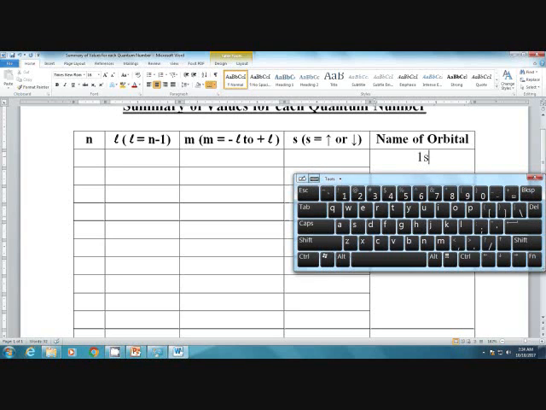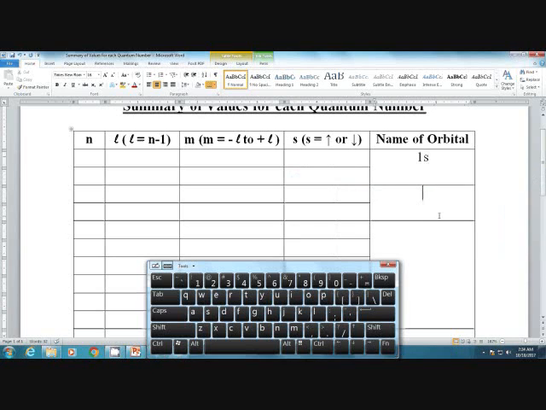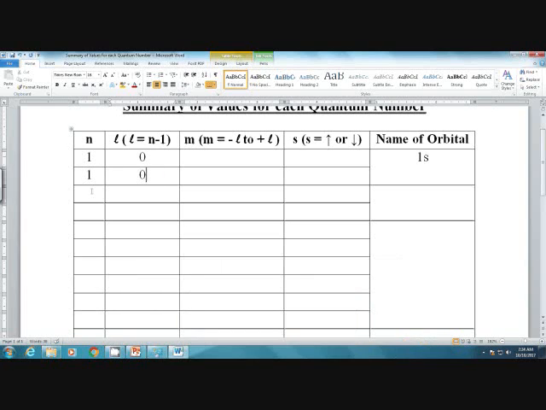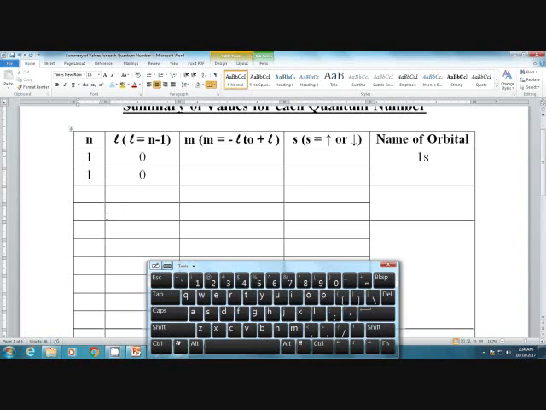Then the next orbital has a 1 and a 0, and then a 1 and a 0, so that makes 1s. Then when we have 2, 0, and the next 2, that makes it 2s, because the 0 corresponds to s for the letter.